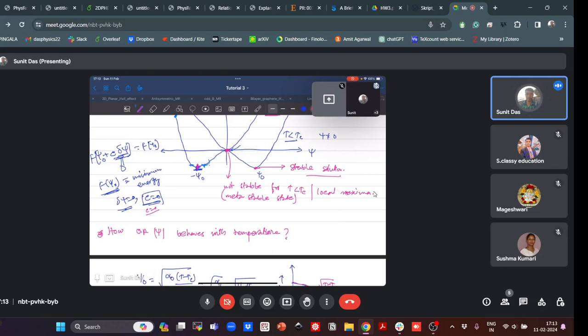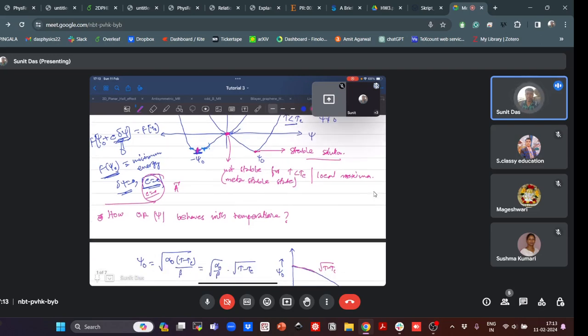That's why we are doing c equal to 0. Okay, so this is in terms of psi 0, but we are doing it in the free energy or Ginsburg-Landau theory. So that's the rationale behind putting the coefficient of a to be 0.